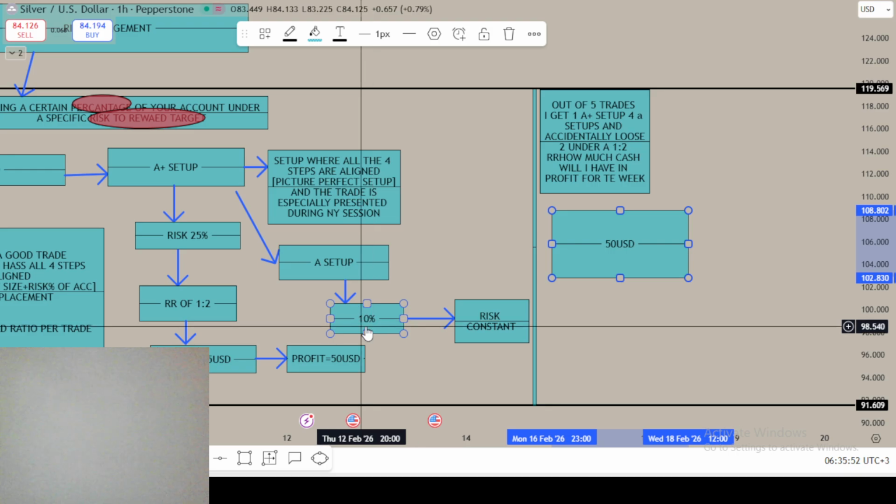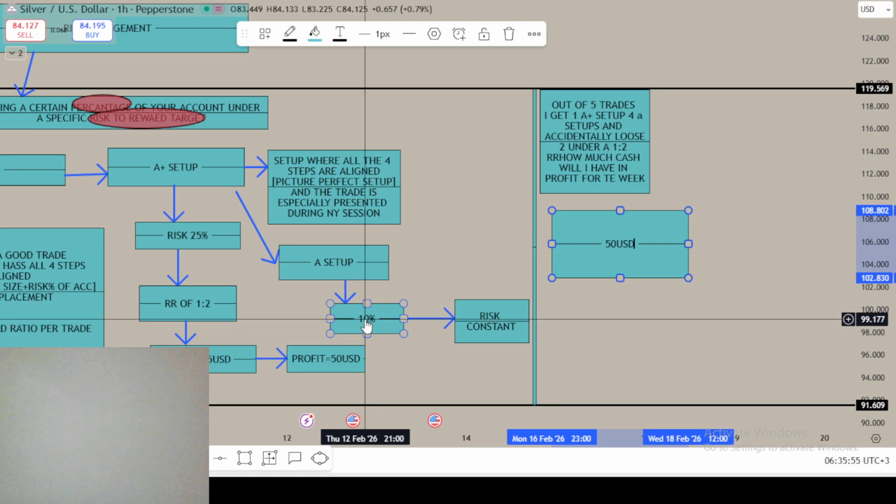In all the trades I've risked 10%, so that is minus 20 USD. Those are two trades. And I have a profit on the other two trades, where I have risked 10%. Do you understand that? So this is one trade, and this 20 is two trades, so that is three.